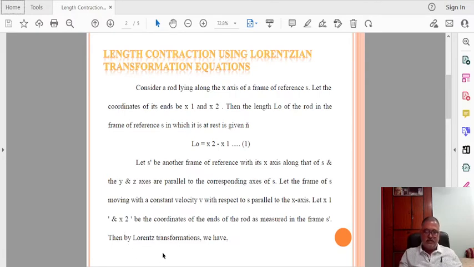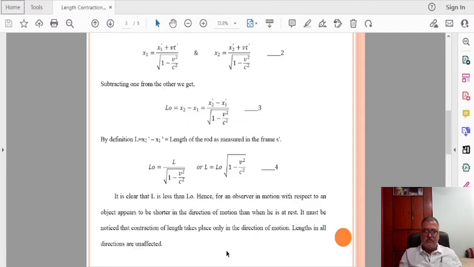Then by Lorentz transformations, these are the equations: x1 equals x1 prime plus vt prime upon root of 1 minus v square upon c square, and x2 equals x2 prime plus vt prime upon root of 1 minus v square upon c square.